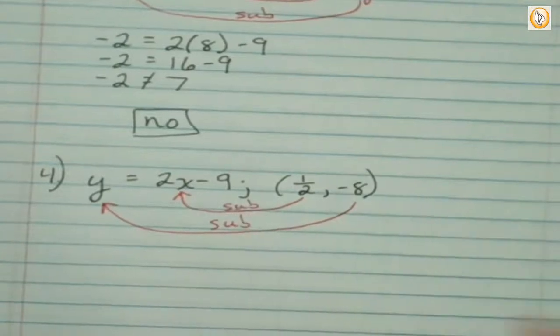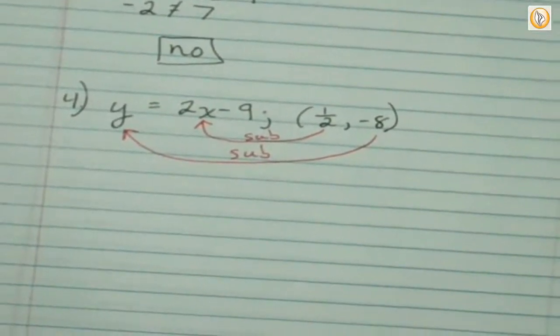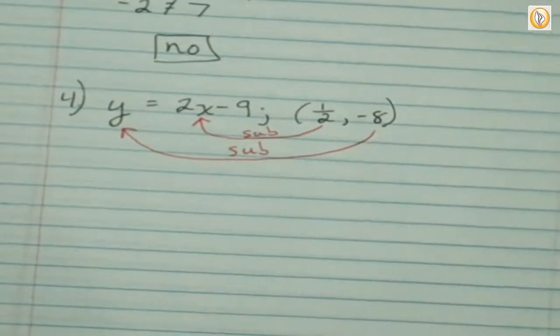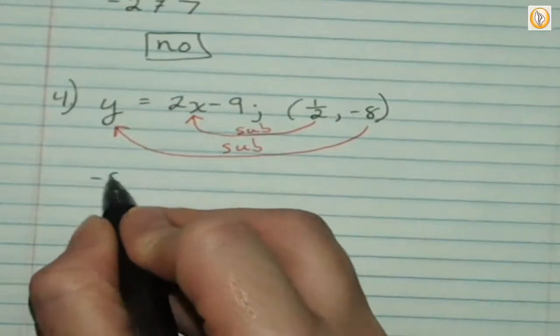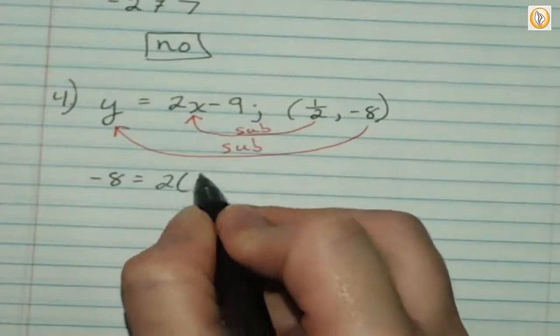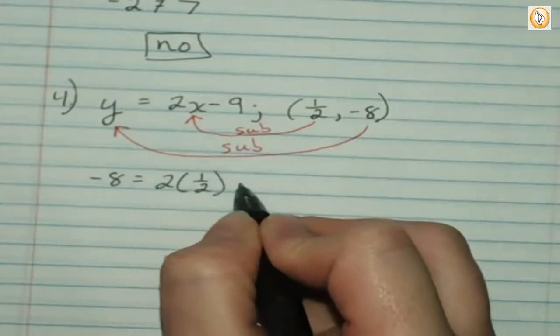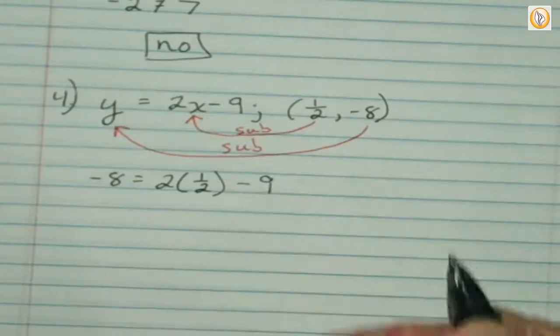Yes, very good. Perfect. Okay, so once you have that written down, what is my new equation, Emily? -8 equals 2 times a half minus 9. Perfect.